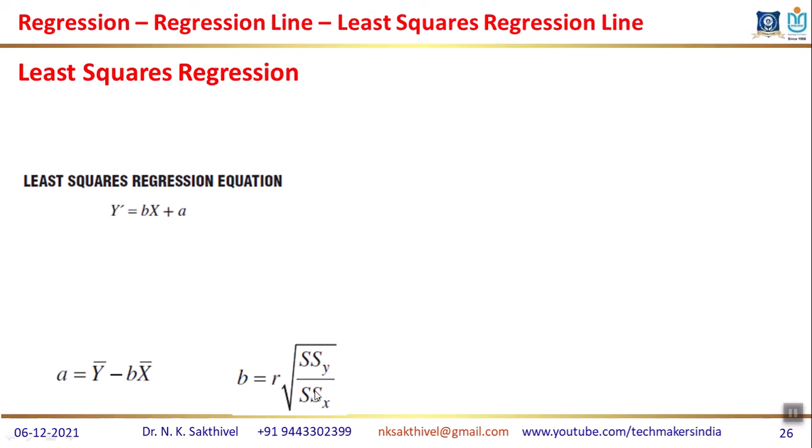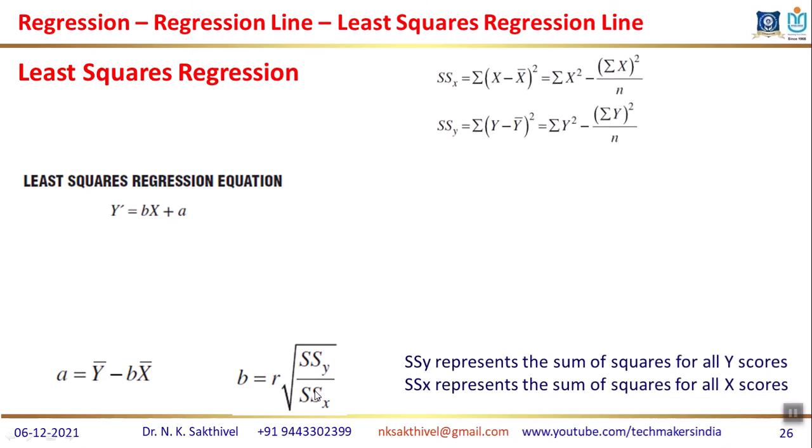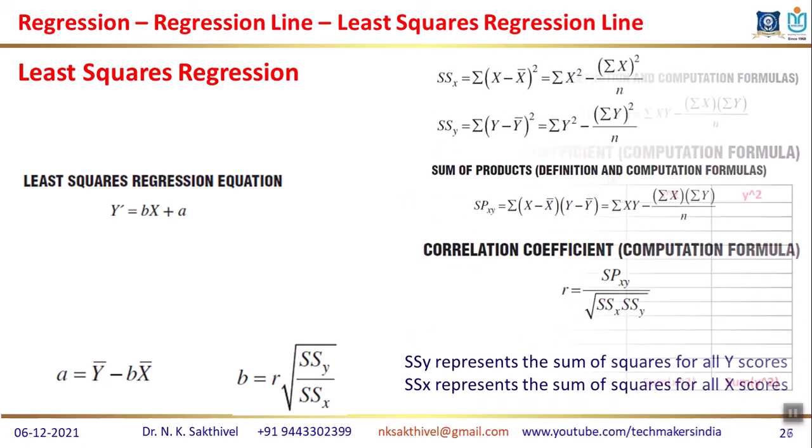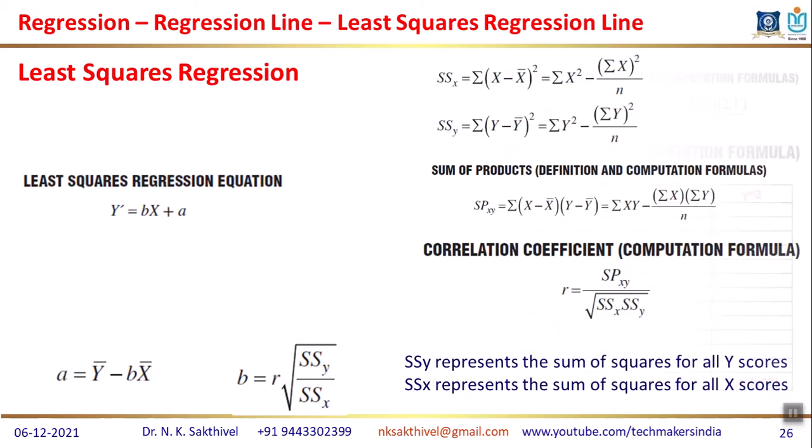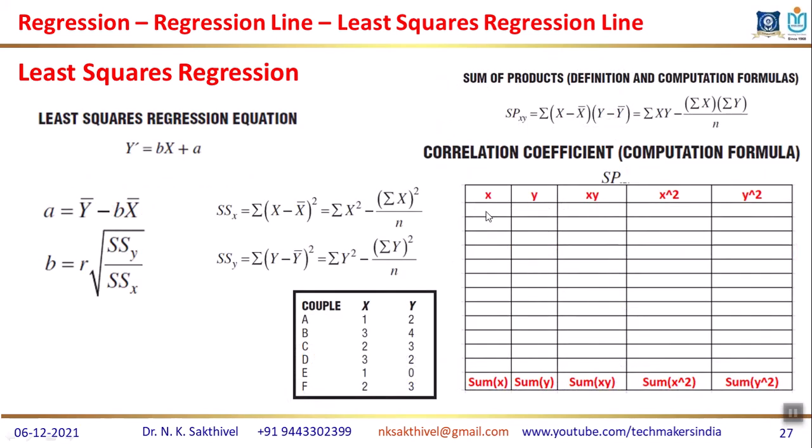What is x, y? I will show this table so that you can understand. See here, this is the table. For example, I have x data, then y data, then I can calculate xy, and I can calculate x squares and y squares. For example, see here, sum of squares of y.